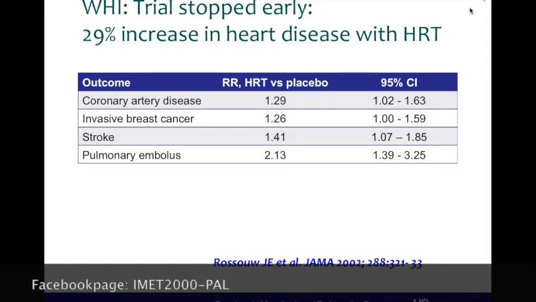Compared to placebo, there was a 29% greater rate of coronary disease, 26% greater incidence of breast cancer, 40% greater stroke risk, and over twofold greater risk of pulmonary embolus. This really changed the recommendation.